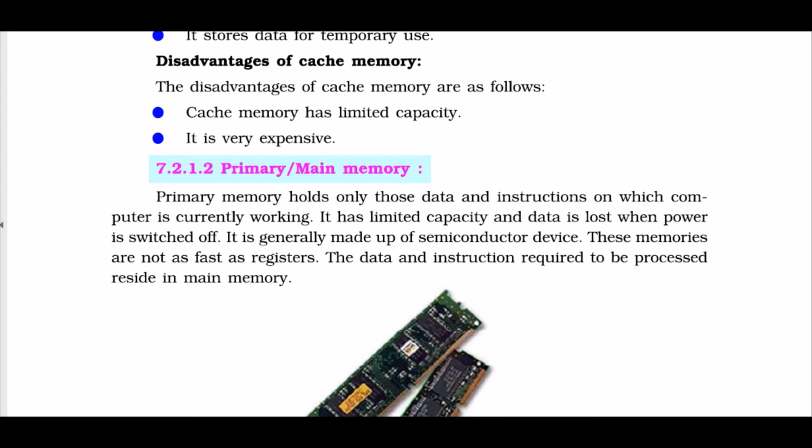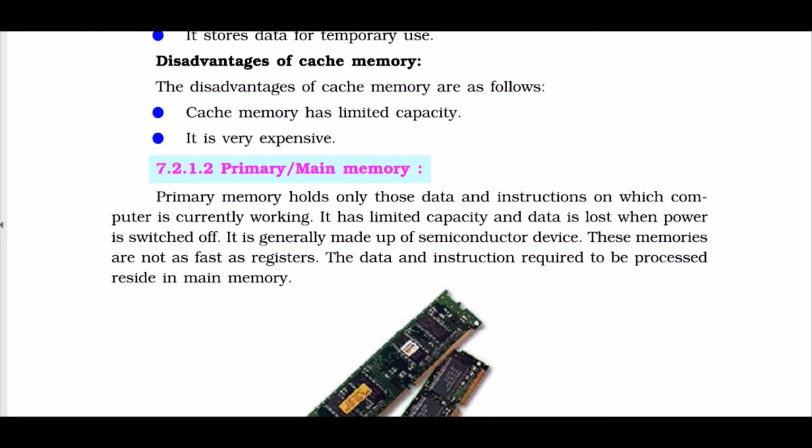Now we talk about main memory or the primary memory. Primary memory holds only those data and instructions on which the computer is currently working. Please remember, it holds only the data and instructions on which the computer is currently working.